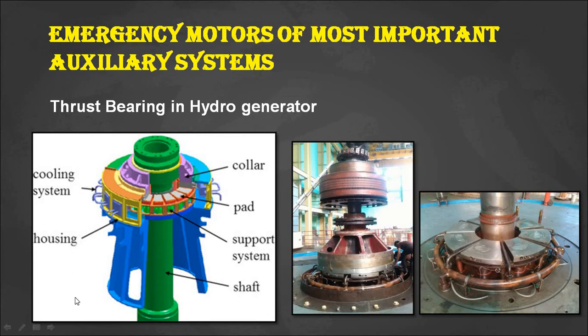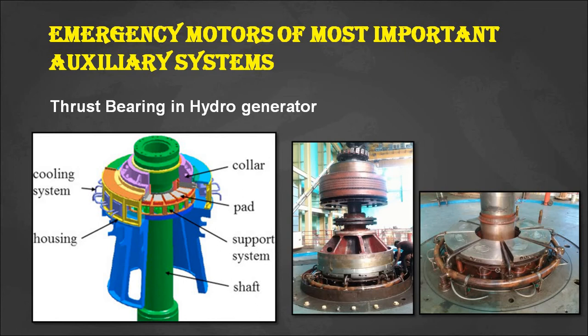When we open the wicket gates, the turbine will rotate, the generator shaft will rotate, and the upper part of the thrust bearing pad, nothing but the thrust runner disc, will rotate. Then a large amount of heat is generated at the thrust bearing, so we need to provide a cooling system. For that cooling system we have to use some motors.